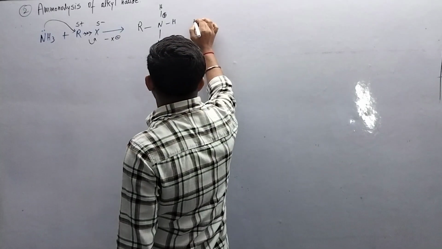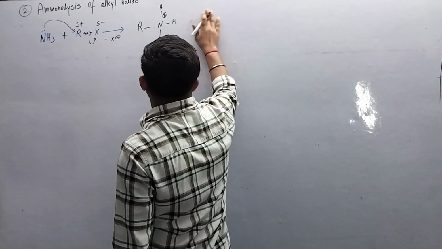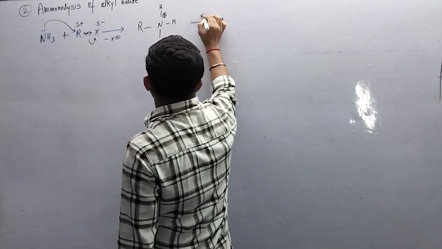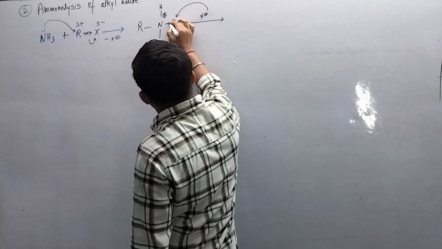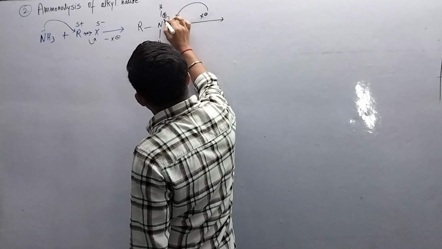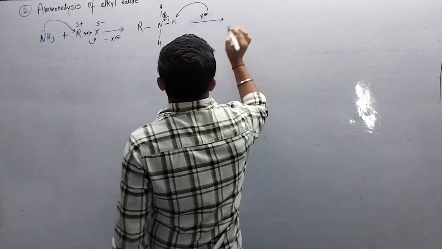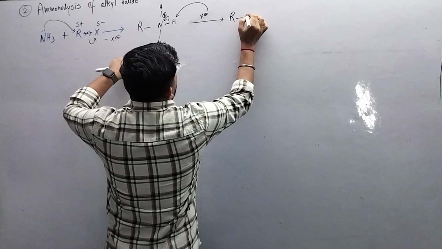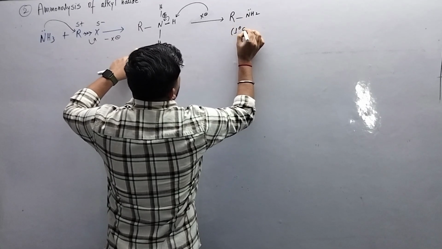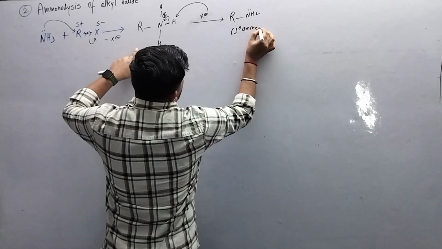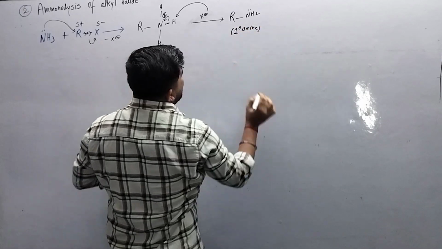In the next step, X minus donates an electron pair to H plus, and the shared electrons are donated to nitrogen, and the product will be RNH2. That means the product will be a 1 degree amine.